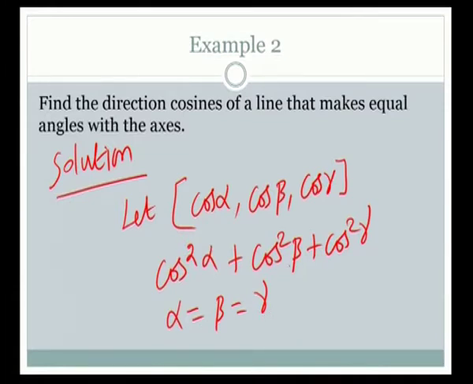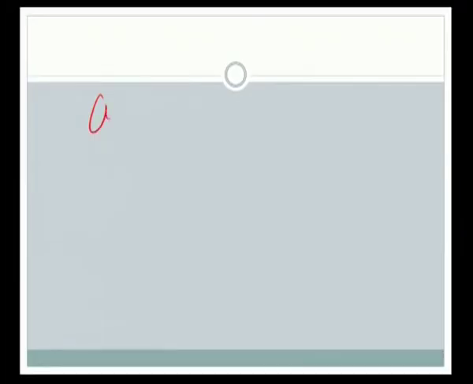So in the relation between direction cosines, instead of beta and gamma, you can substitute alpha itself. The relation becomes cos square alpha plus cos square alpha plus one more cos square alpha.